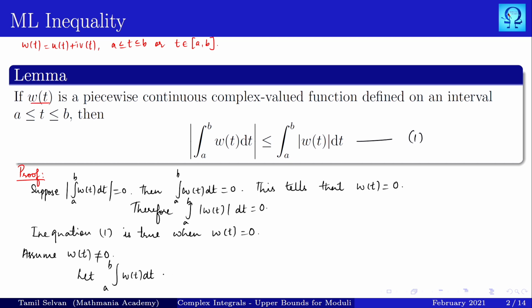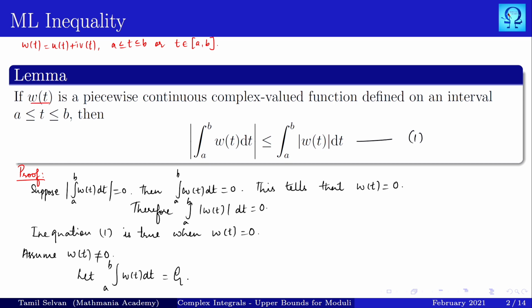This quantity is going to be some complex number. We have only assumed that w of t is non-zero, and we do not have any assurance that this quantity is non-zero, but still it is some complex number.